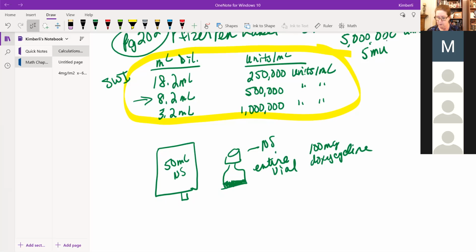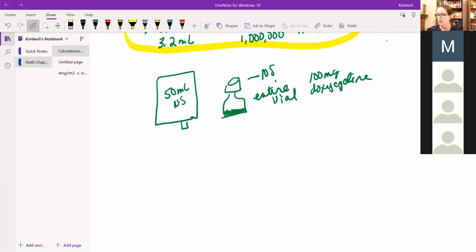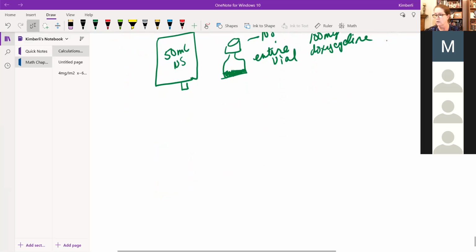Professor, I do have a question about the prescription transcription exercise. On number 3 it says Norvasc 10 milligrams, 30 tabs, and the SIG says 1 tab. Is that OD, AD?